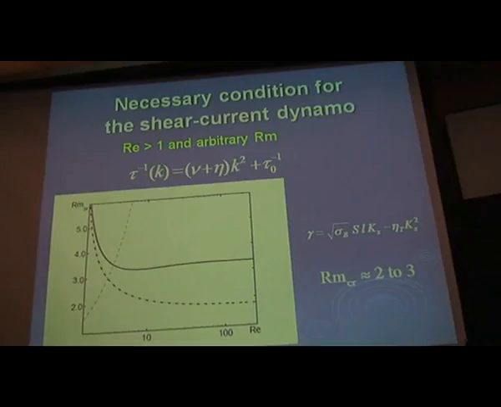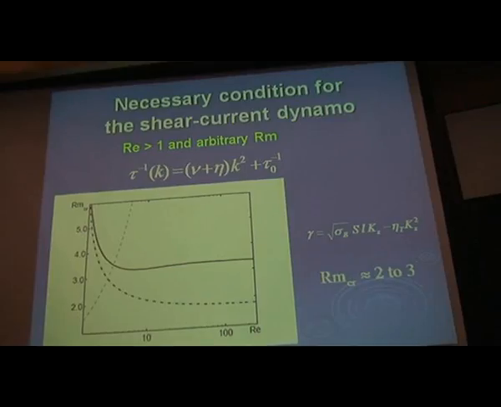Maybe this is the reason why in numerical simulations, even for not high Reynolds number, generation of a large-scale magnetic field is observed. In the second part of our talk, in the numerical simulation, I will show the requirements for when there can be generation of a large-scale magnetic field due to the shear current effect.